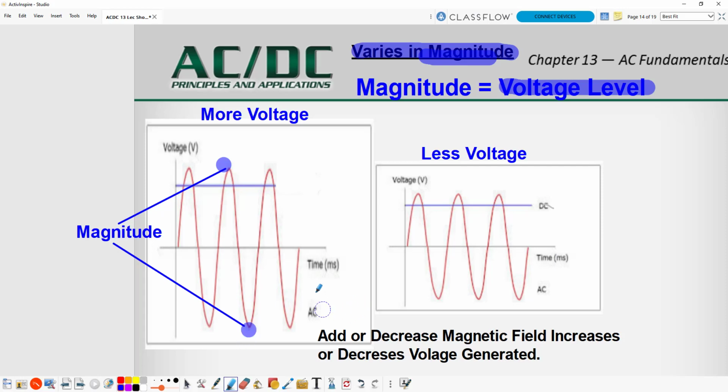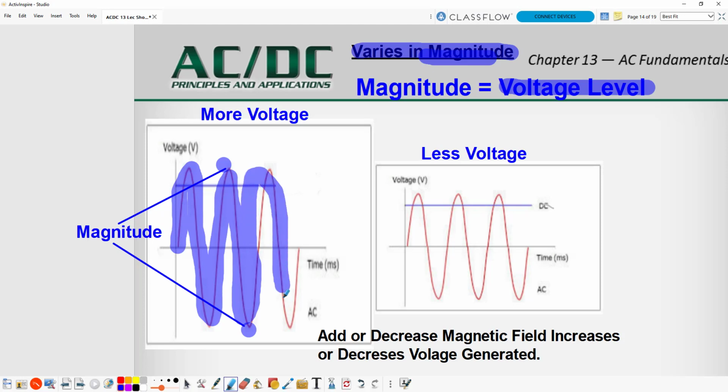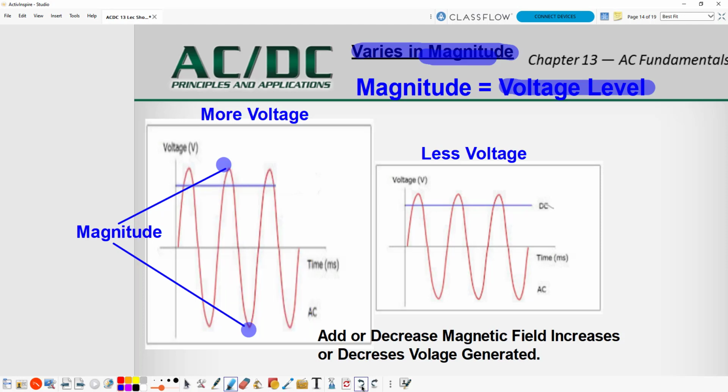The greater the magnitude of the waveform, the more voltage. So here we have the same frequency but less voltage. We've gone from a certain voltage here and we've reduced that voltage here, but you can see the waveform is basically the same frequency.